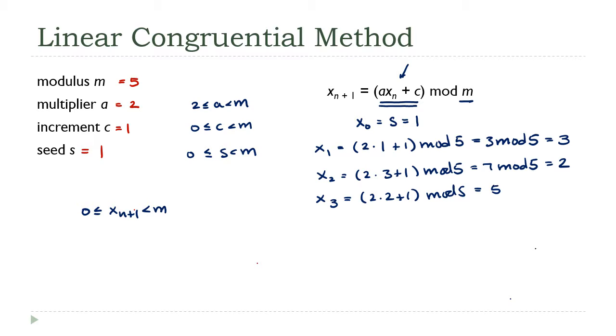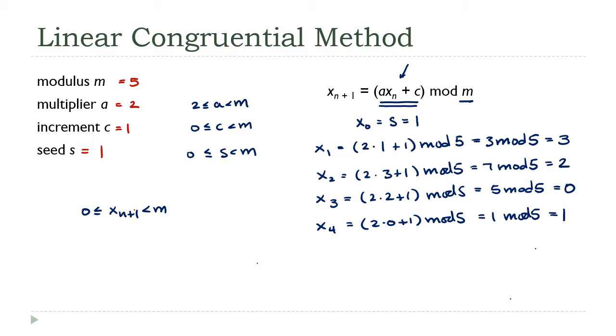That's 5 mod 5, and the remainder there is 0. One more here: this is 2 times 0 plus 1 mod 5, which is 1 mod 5. The remainder there is 1.